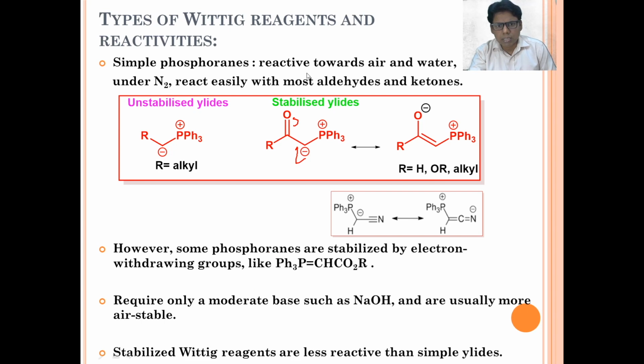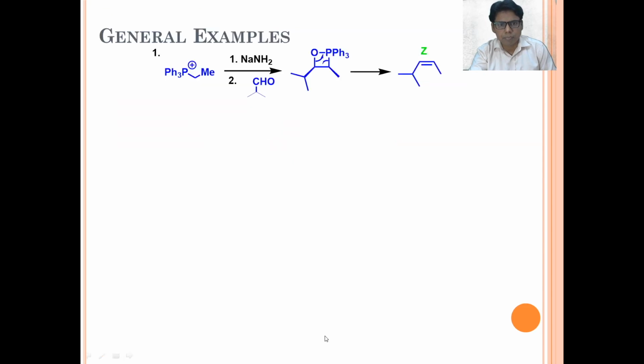Now this stabilized ylide requires moderate bases like NaOH, and they are stable. That is why they are less reactive than simple ylides. So let's see some examples. This is NaNH2. This NH2 imparts acidity to this proton. So proton is lost easily and we get carbanion, ylide, and then that cyclizes, it forms a structure like this, and we get a product in the form of Z structure.